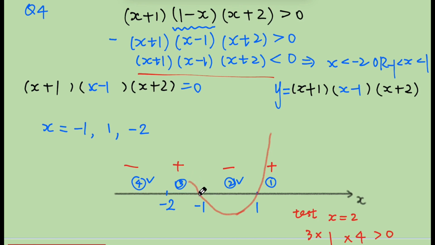Then it becomes positive. At some point, it turns around and becomes 0 at x equals -2. Then it is always negative. For the graph, it is still a cubic one, and there are 2 turning points. The turning points are not symmetrically located between the x-intercepts.